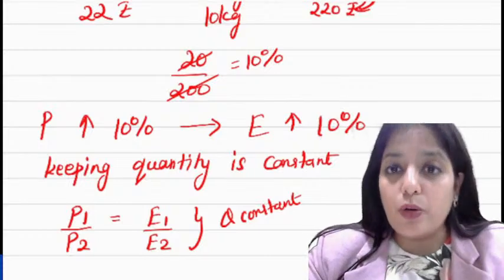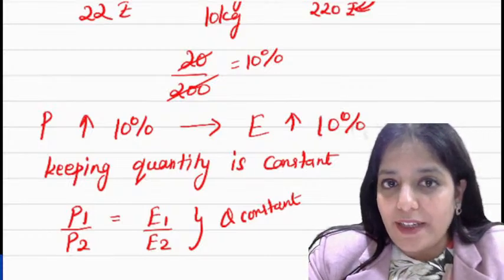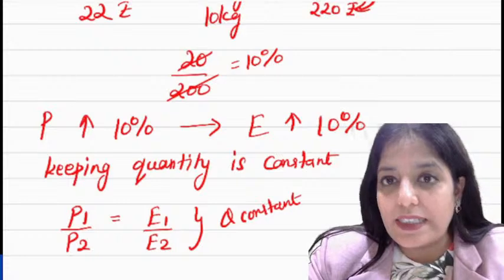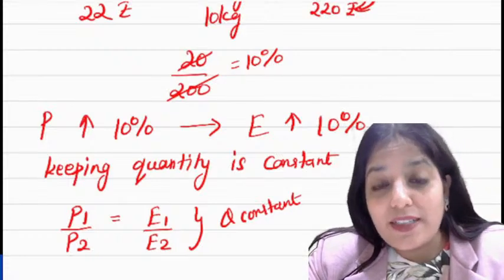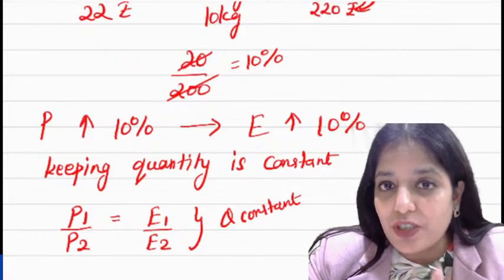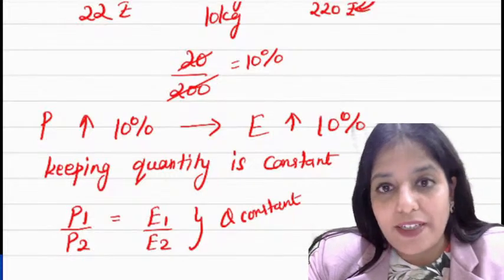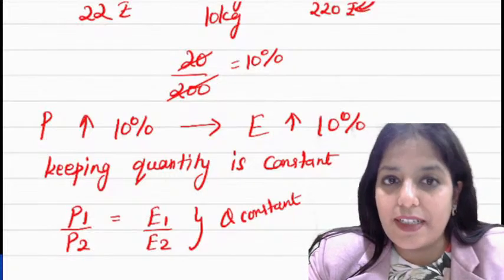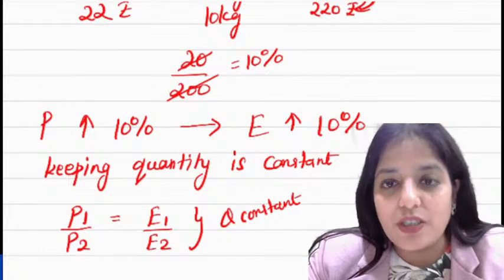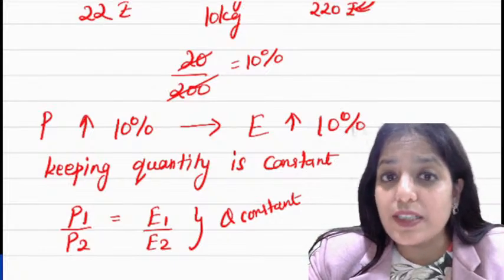Now, in order to find that reduction in consumption, you need to understand that expenditure and quantity are inversely related.